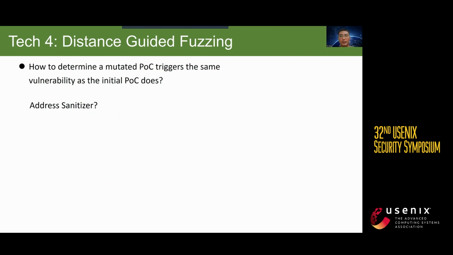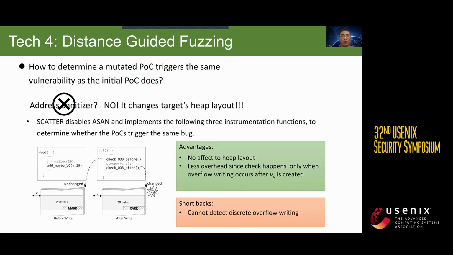After defining the distance, we leverage distance-guided fuzzing to find the final epochs. The first problem with fuzzing is how to determine whether a mutated epoch triggers the same vulnerability as the initial epoch does. Previous work depends on ASAN, but it may change the layout. So we disabled ASAN and implemented our own method to check whether the epochs trigger the same bug.